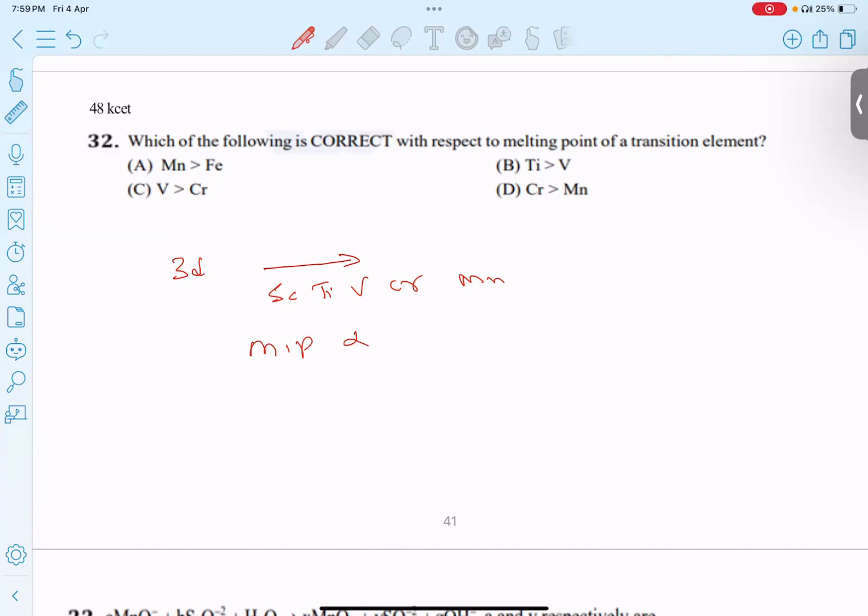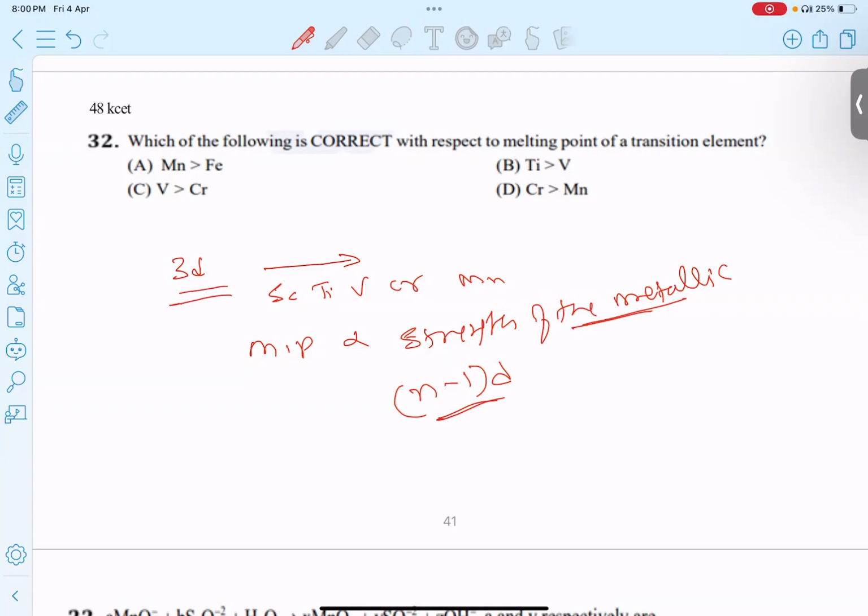depends upon the strength of the metallic bond. Here (n-1)d electrons are involved in the metallic bond, so more electrons means a stronger bond. Generally in the 3d, 4d, and 5d series, from the start up to the middle, the melting point and strength of the metallic bond increase, then decrease in the middle, and start increasing again almost the same at the end.